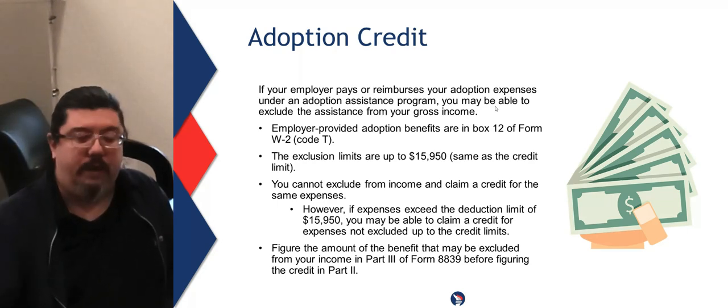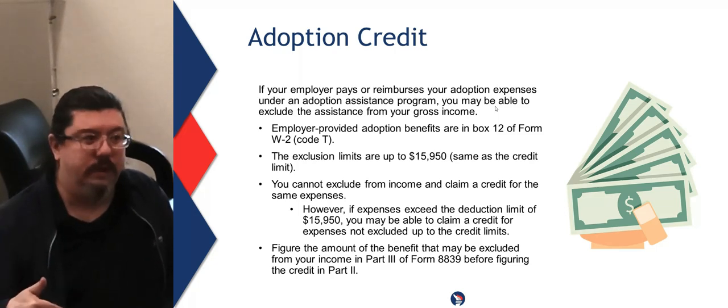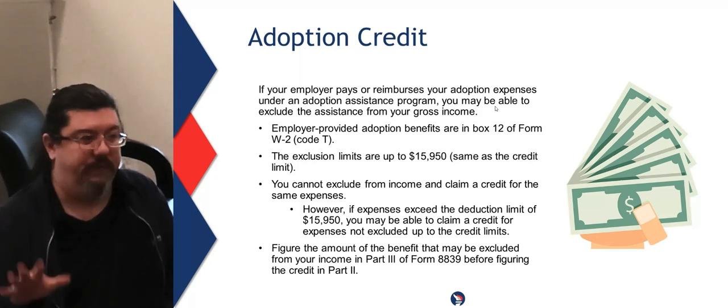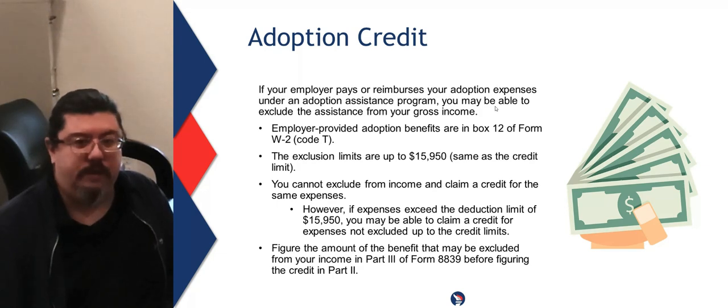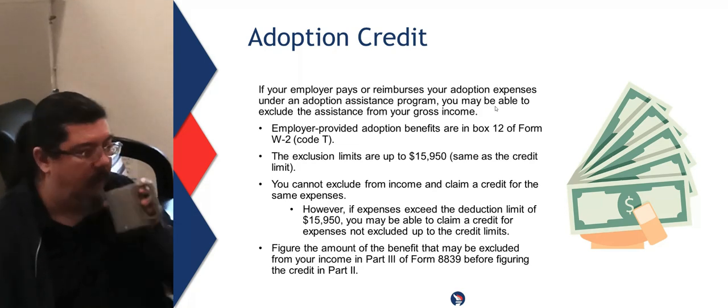Or thinking about it going back, people that will be doing the 2024 returns next spring could have carried that credit forward from 2019. 2024 is 5 years later. So that's going to be on our intake questionnaire. Did you adopt a child anytime between 2019 and 2024?